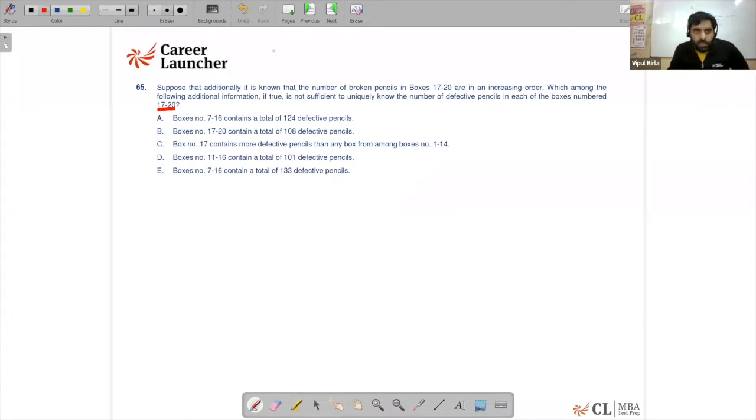So I know out of 17, 18, 19 and 20, there are 3 boxes which are 29, 31 and 33. Since it is increasing order, 29 will be for box 18, then box 19 and box 20. So the value for 17 is going to be less than this. Now they're saying which is not sufficient to uniquely identify that.